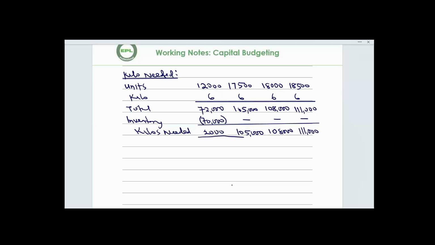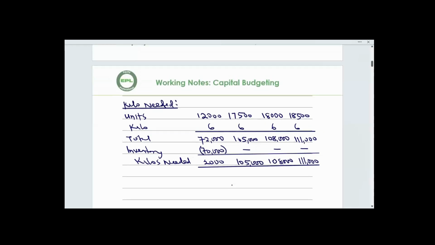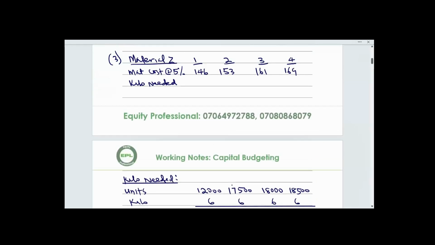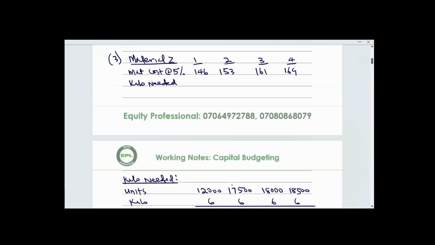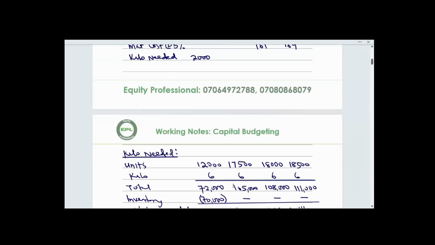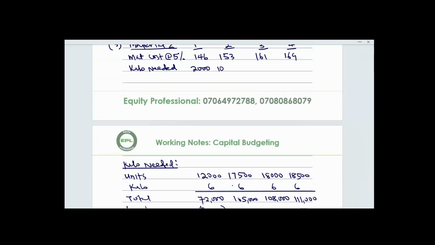Okay. So now that you have the kilos needed, you need to multiply with the units, with the material cost per unit. So 2,000 in the first year, followed by 105,000, 108,000, then 111,000.